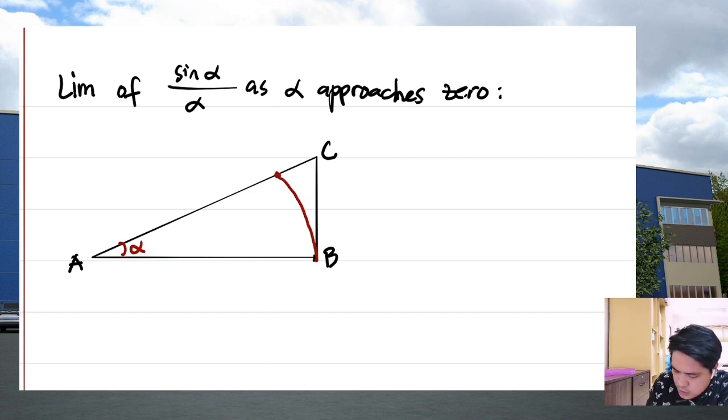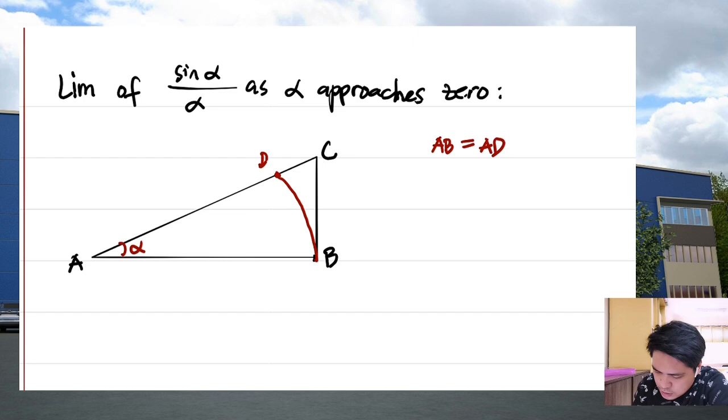Ganyan na siya. And I'll call this point na lang D. And if this is B, this is also B. So lagay ko na lang dito. Let us note that AB is just the same as AD in length. Okay? Then gagawin natin, let us extend this point, I mean, project natin siya pababa.